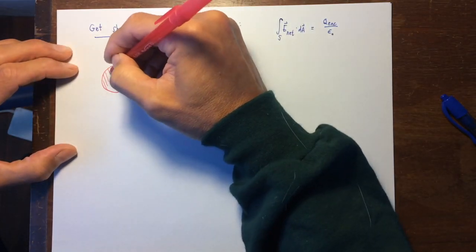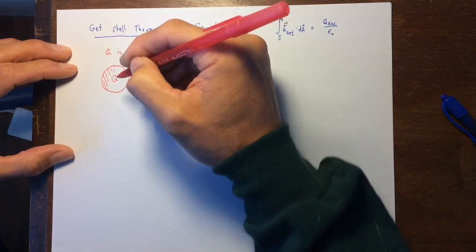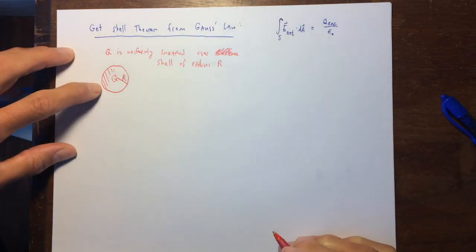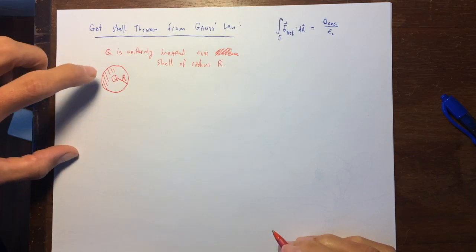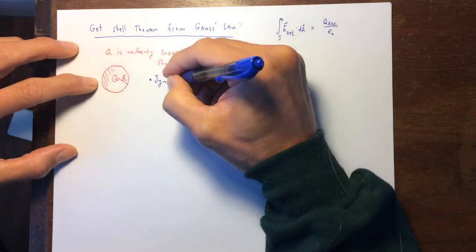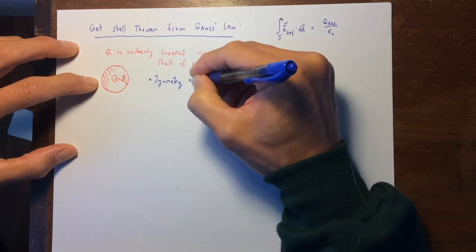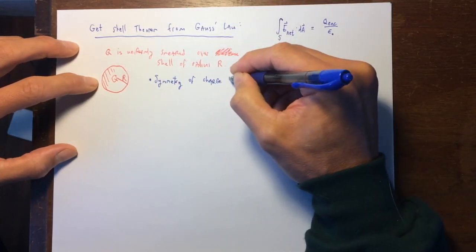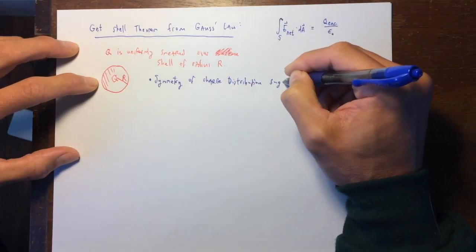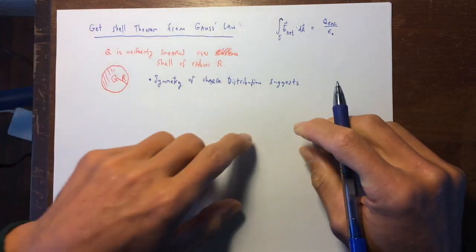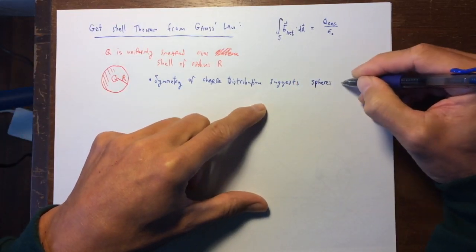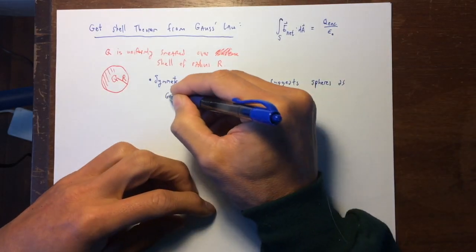This is our charge Q, and it's got a radius capital R, like this. Alright, so here's our charge distribution. So the symmetry of the charge distribution suggests spheres as Gaussian surfaces.